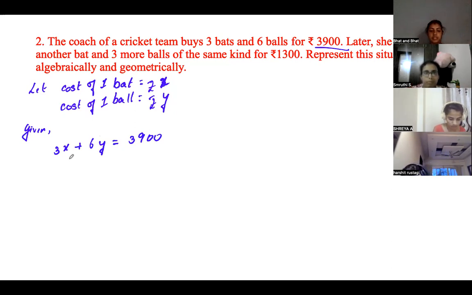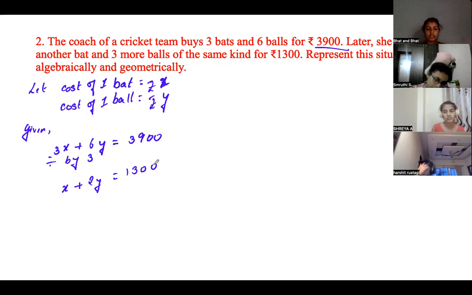Now let us take 3 common, or divide this equation by 3. If you divide by 3, you will get x plus 2y is equal to 1,300. 13 threes are 39, so therefore it becomes 3,900. Understood?